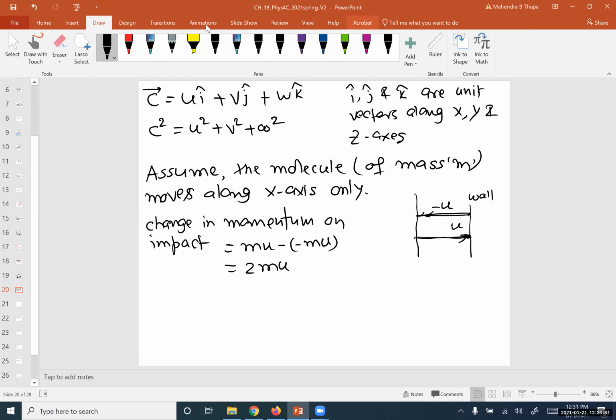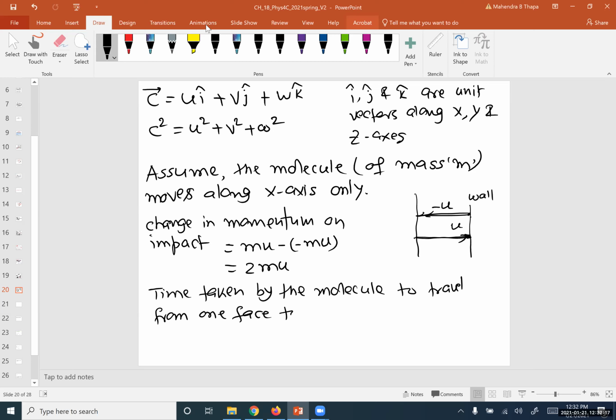So the time taken by the molecule to travel from one face to the opposite face and finally back to the initial face.